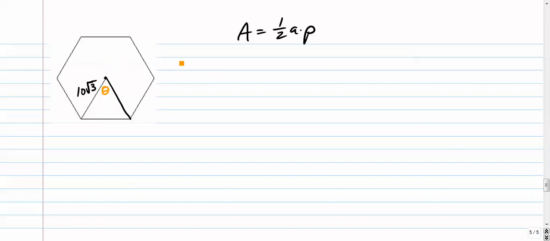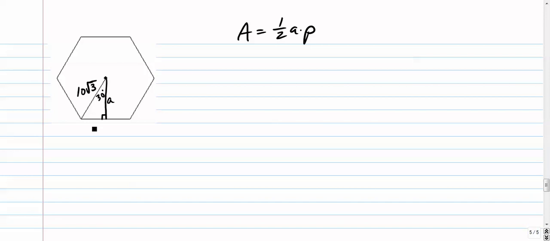Hexagon has 6 sides and 6 central angles, so each of these is going to be 360 over 6 or 60 degrees. All right, but we don't want that. We want half of that because we want to be able to use right triangle trig here. So half of 60 degrees is 30 degrees.